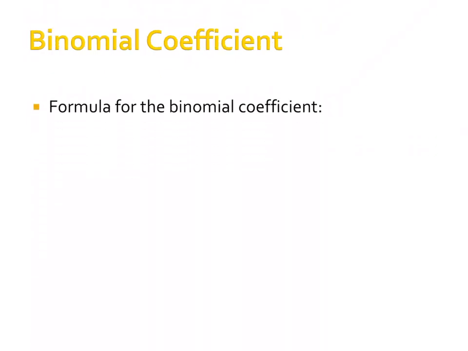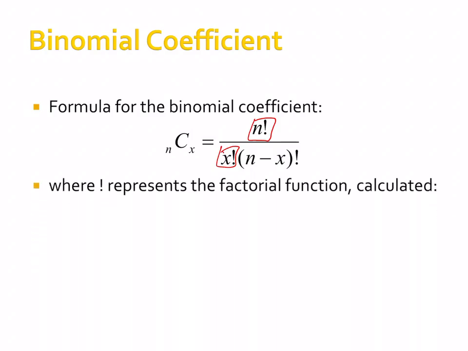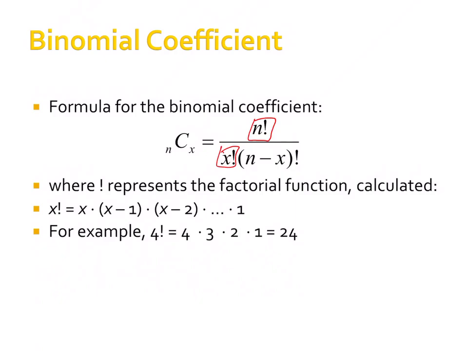So, the formula for binomial coefficients, the very first part, n choose x, is equal to n factorial divided by x factorial times the quantity n minus x factorial. This exclamation mark is the factorial sign, and the way you calculate factorials is you take x times x minus 1 times x minus 2 times all the way down. An easier way to see it: 4 factorial is just 4 times 3 times 2 times 1, which equals 24.